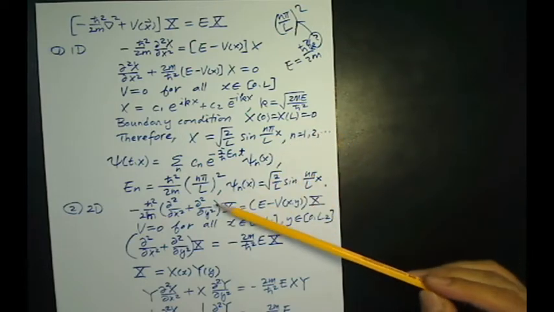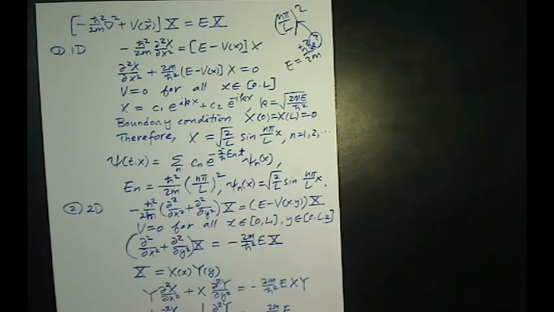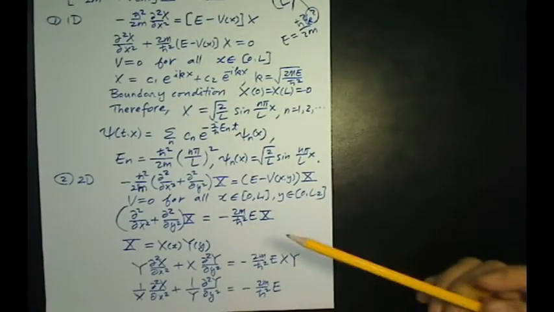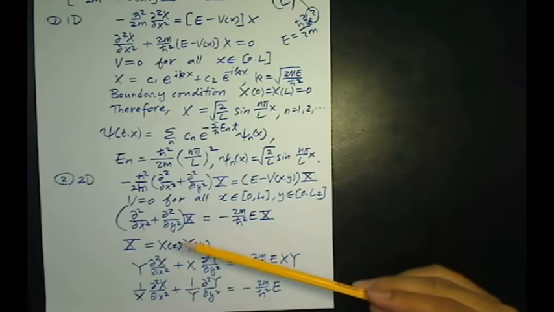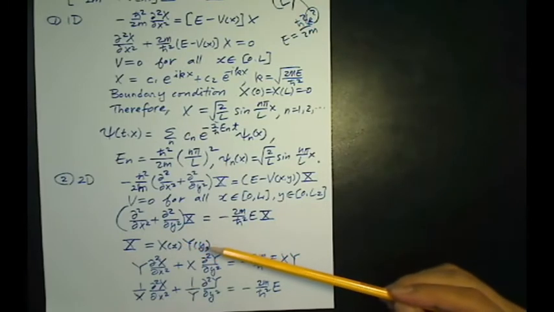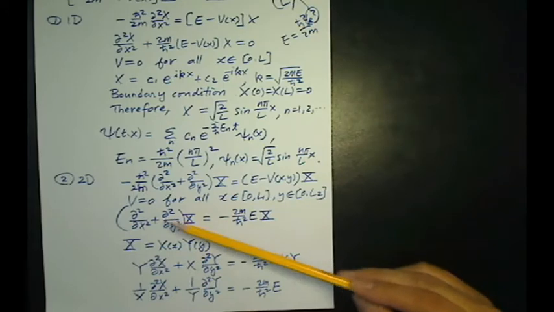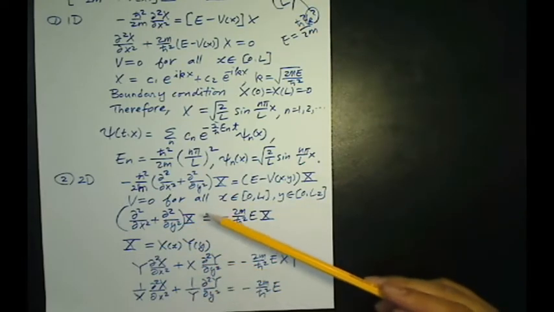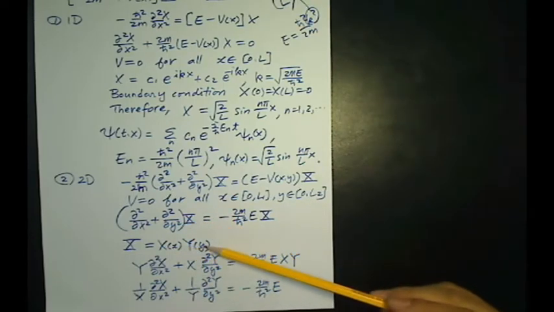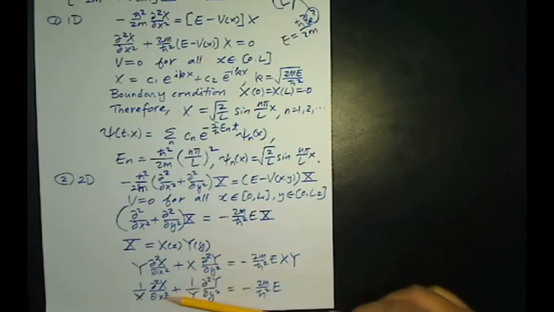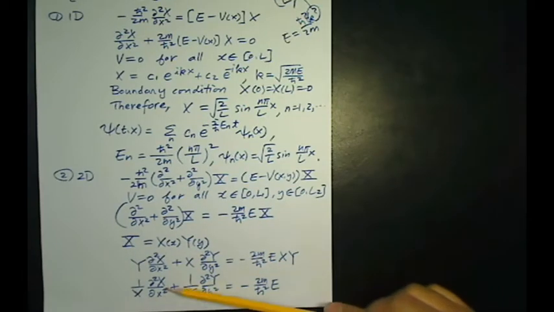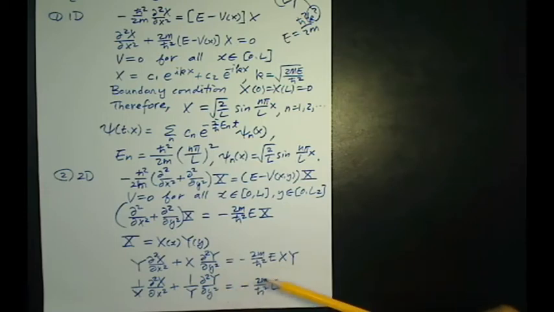In the case of the two-dimensional problem, we can apply the same method. Substitute the spatial component into this equation, and divide by x times y. We have the sum of an x-dependent function and a y-dependent function equal to a constant.